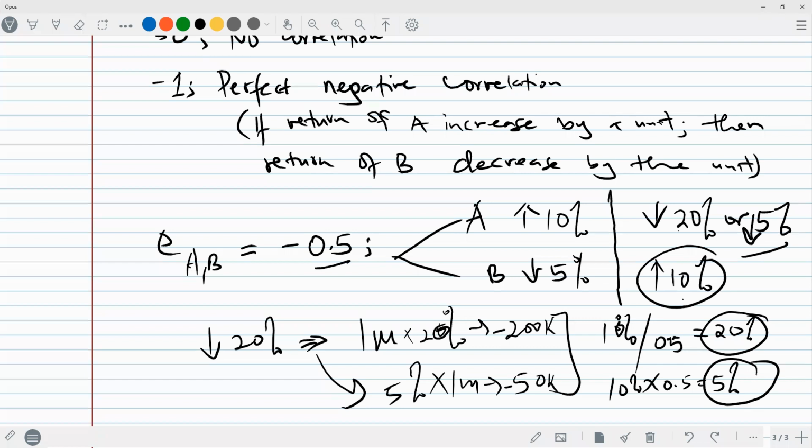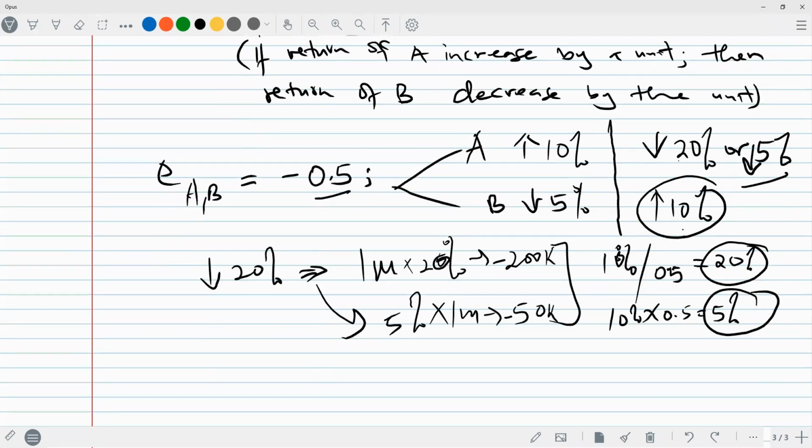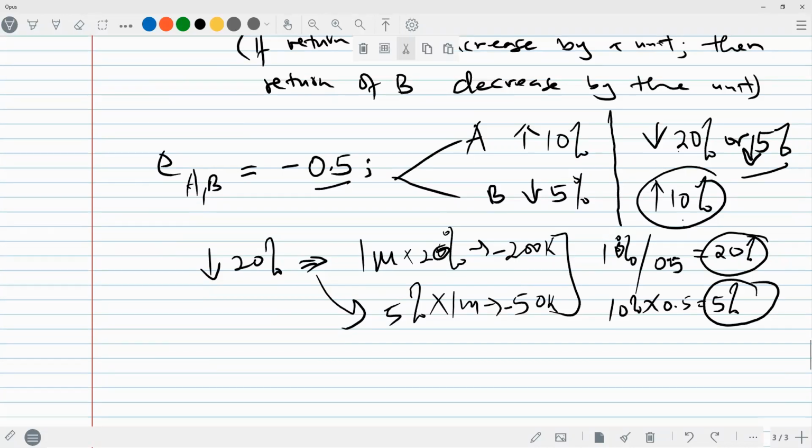I also have the same question because I don't understand how 20% and 5% are the same. And I thought if you have 0.5, that means an increase by 0.5 and same case to B. So yeah, I'm not really understanding the difference.